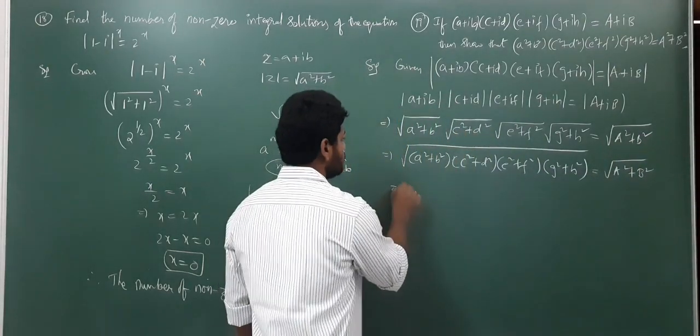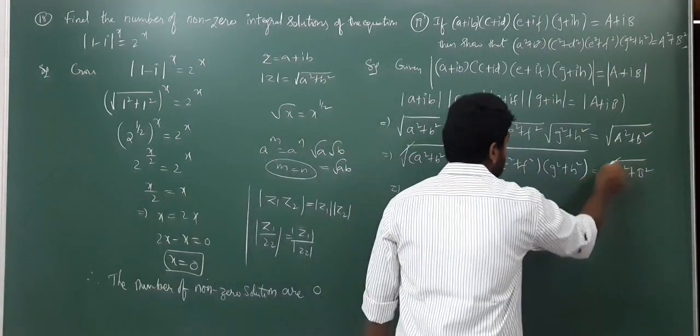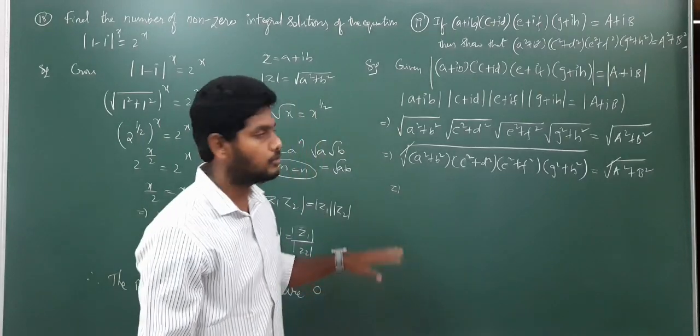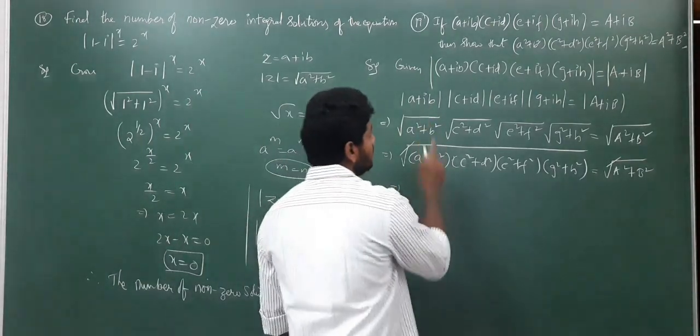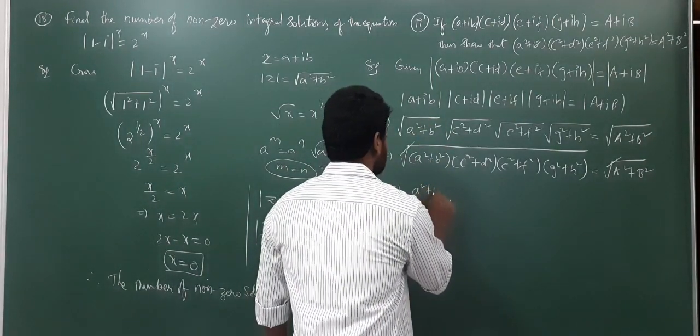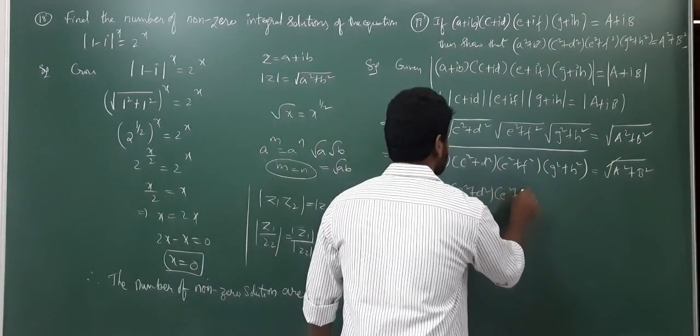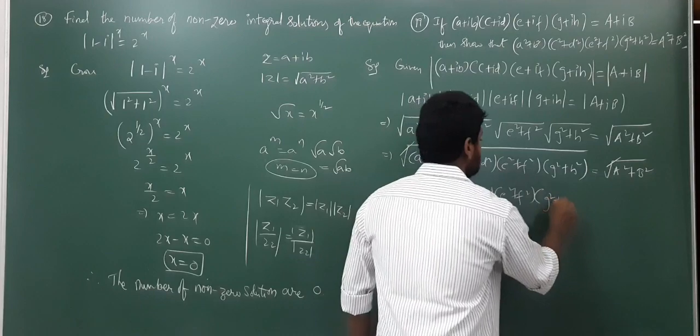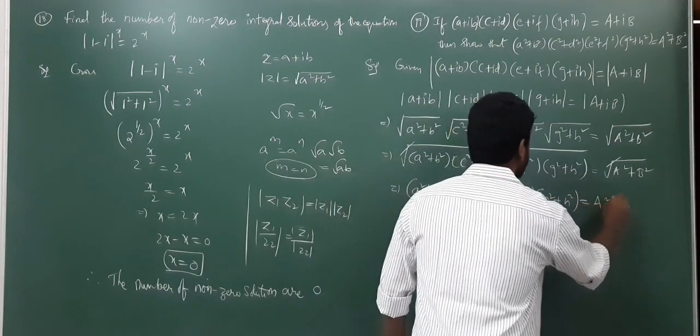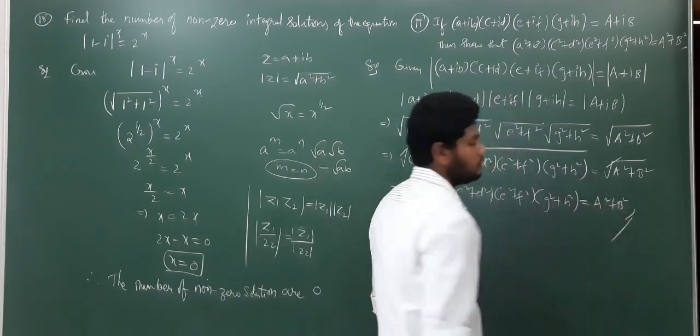So the roots will get cancelled. Otherwise, if you do squaring on both sides also, the root will get cancelled. Then we will get our required result, which is a square plus b square into c square plus d square into e square plus f square into g square plus h square equal to a square plus b square.